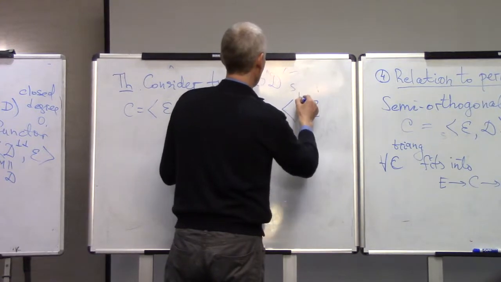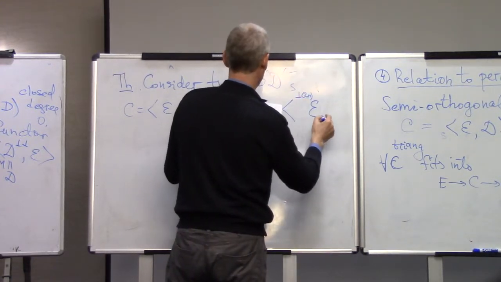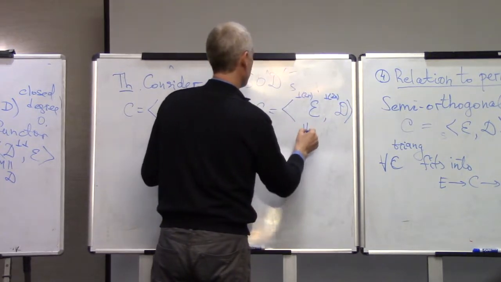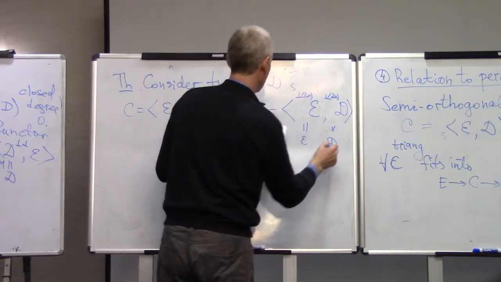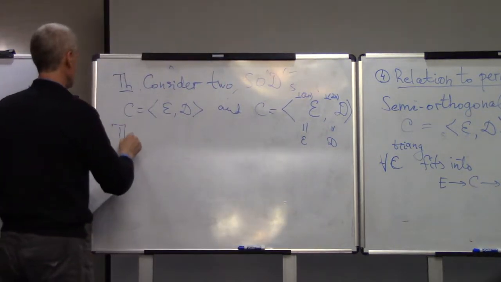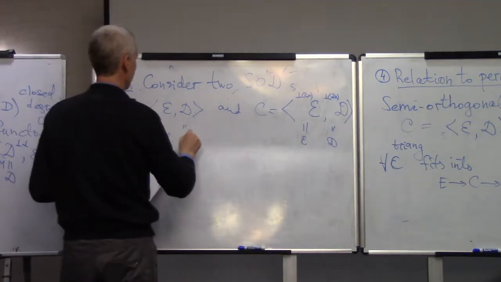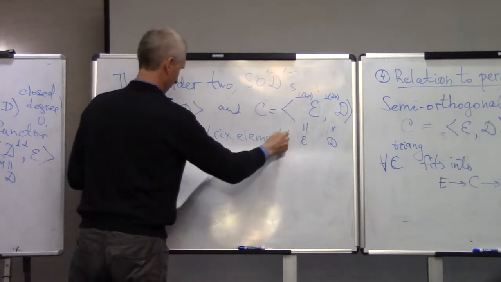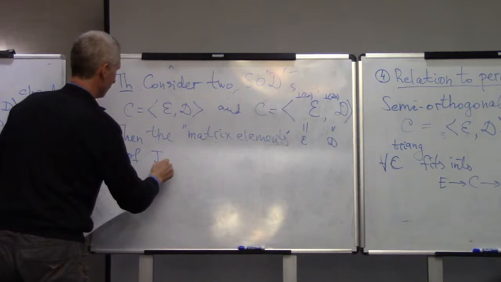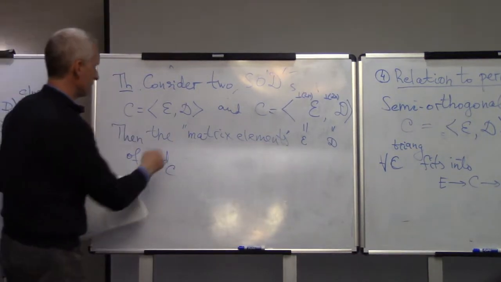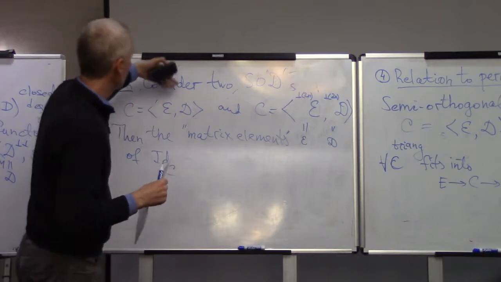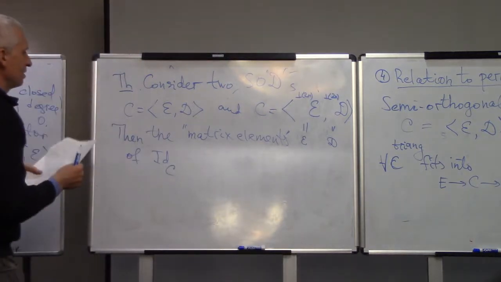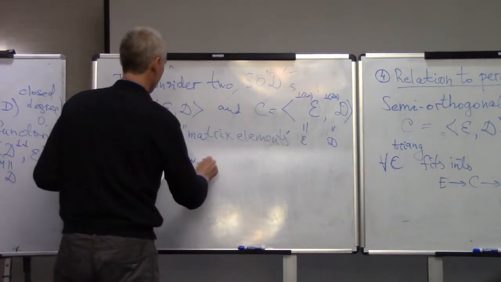Suppose we have E left orthogonal of length 2n, and D left orthogonal of length 2n. This is again identified with E, and this is again identified with D. Then the matrix elements, so to say, of the identity functor of C with respect to those semi-orthogonal decompositions, which means we take an object from here and decompose it into parts and call the corresponding things the matrix elements.